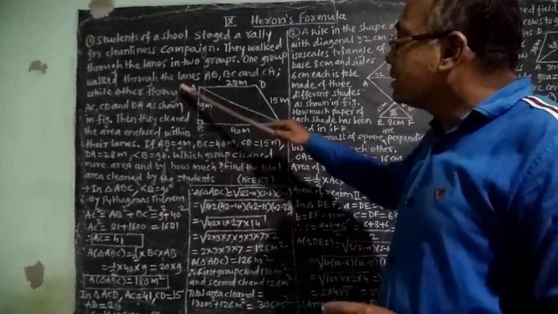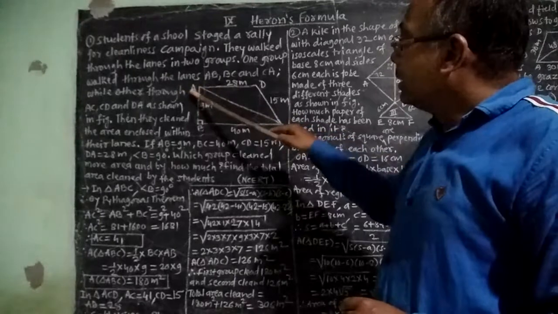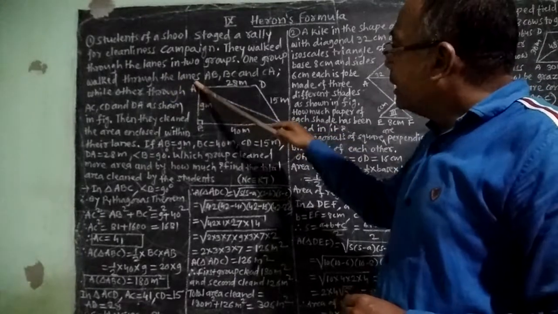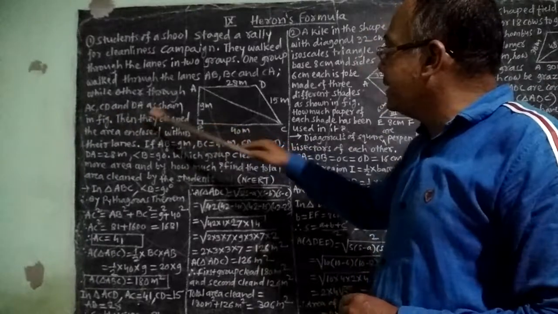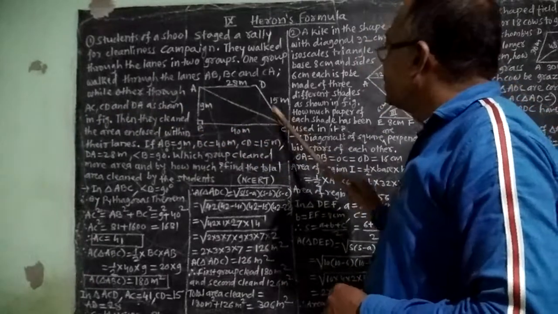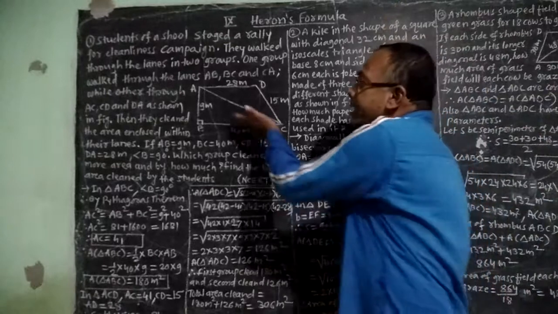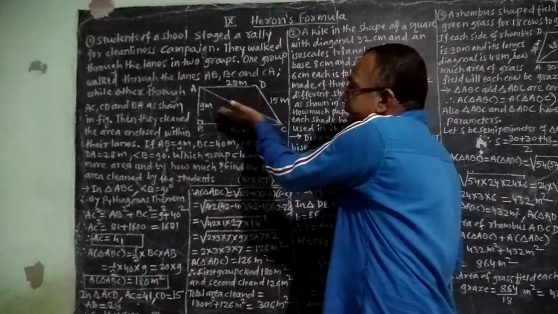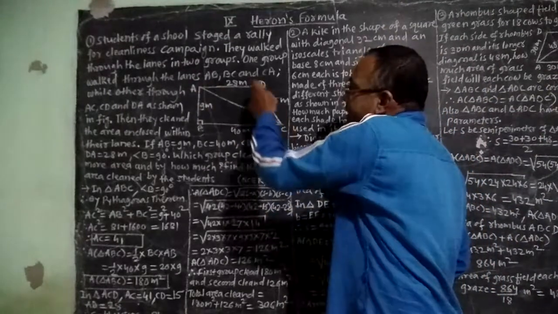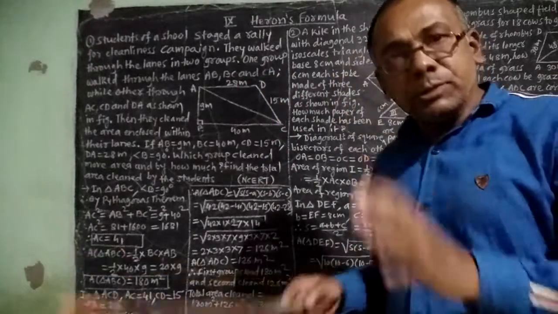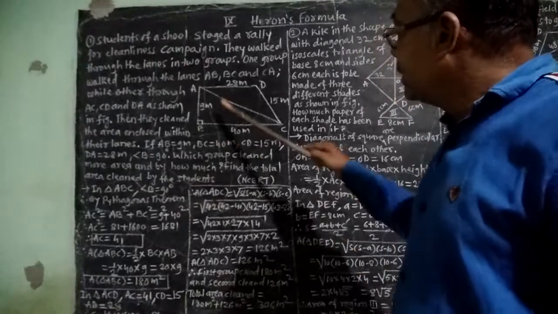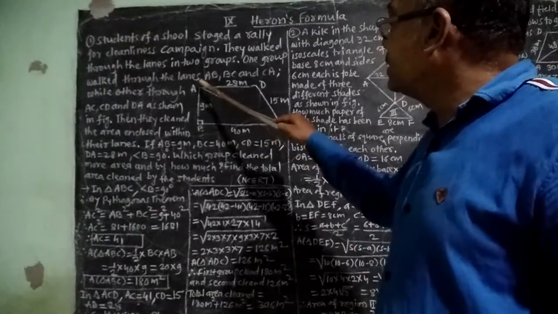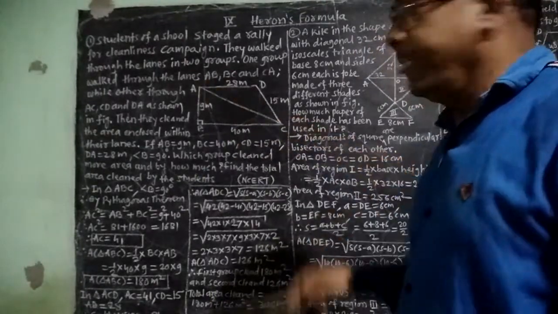While the second group walked through lanes AC, CD and DA, they clean the area of the triangle ACD. Means we have to find the area of triangle ABC as well as triangle ACD.